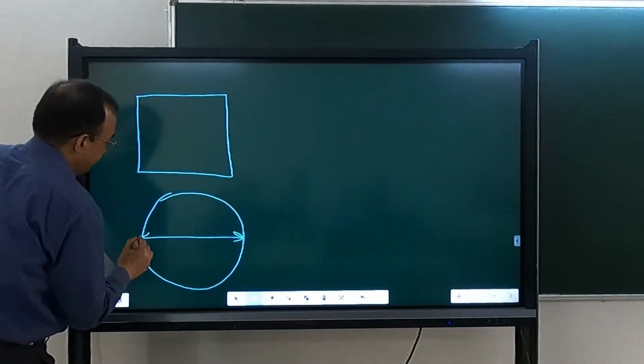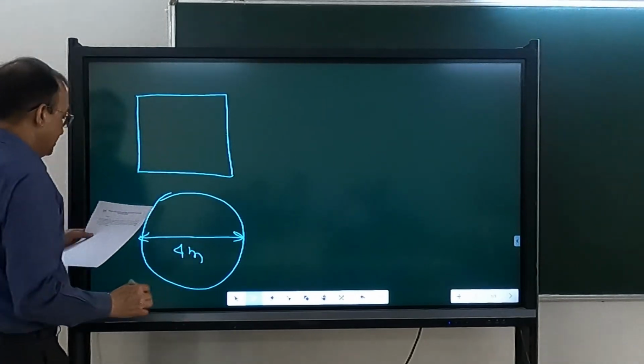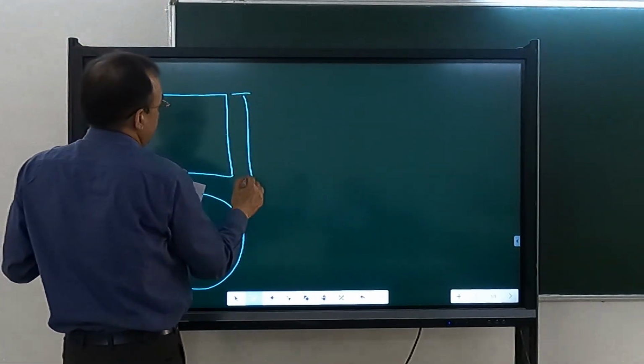Of 4 meter diameter, and height is 3 meters.